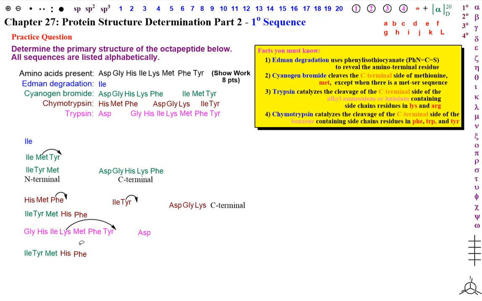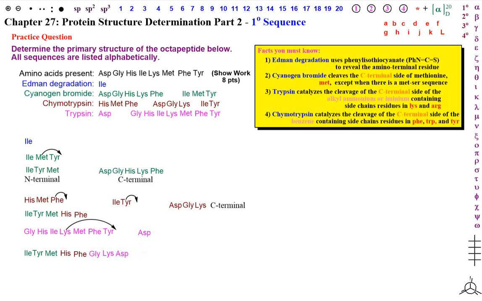Lyse is after F. Lyse is after gly. 1, 2, 3, 4, 5, 6, 7, and we are done. There's our sequence right there.